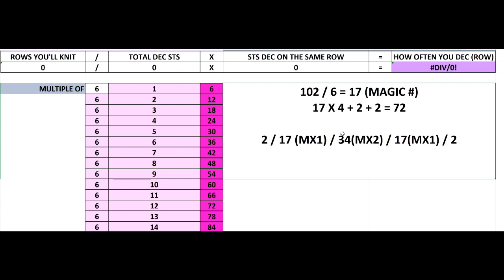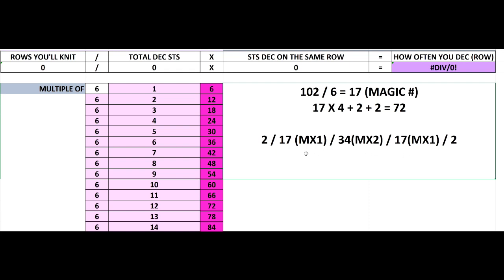So 17 times 1, 2, 3, 4. That's why 4. Plus 2 and 2. This is the front stitches to start with. So 2 for front, 17 for sleeve, 34 for back piece, 17 for another sleeve, and 2 for the other side of the front.